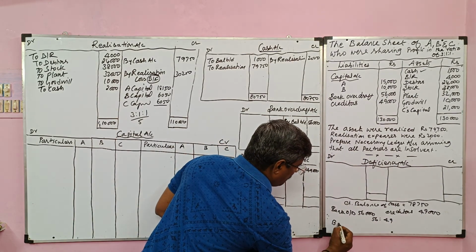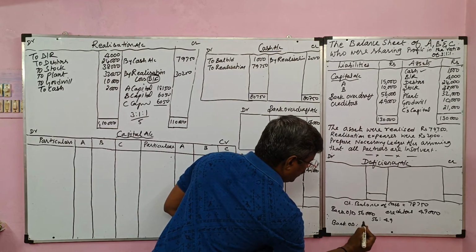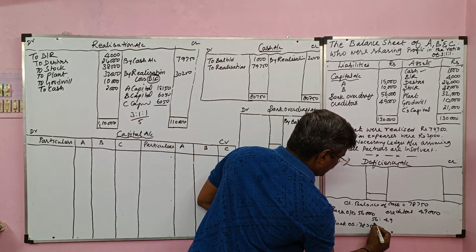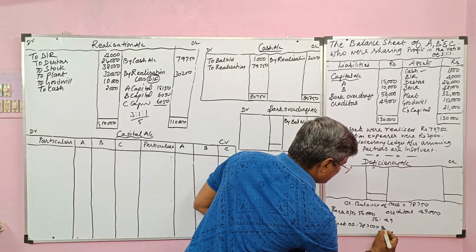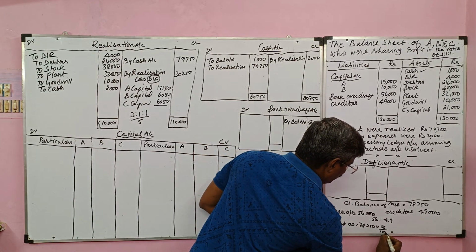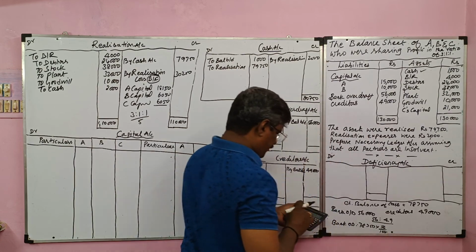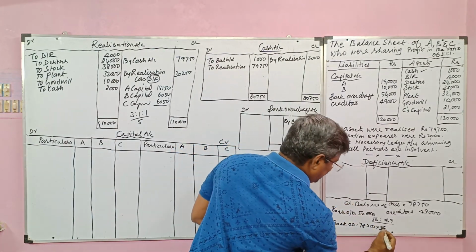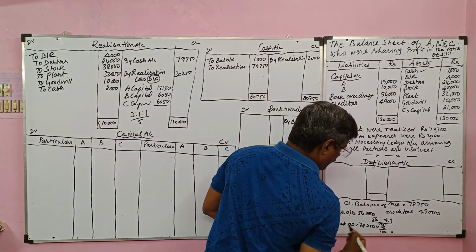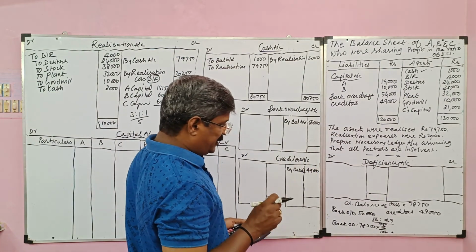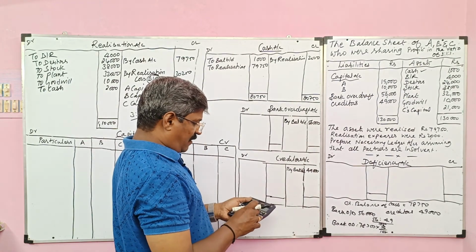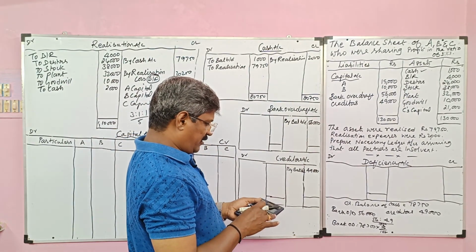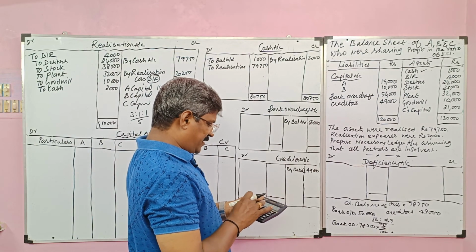For bank OD, the total available fund is 78,750, of which 56 divided by 105. 105 is the total share, so 56 plus 49. So the total available closing cash 78,750 multiplied by 56 divided by 105.